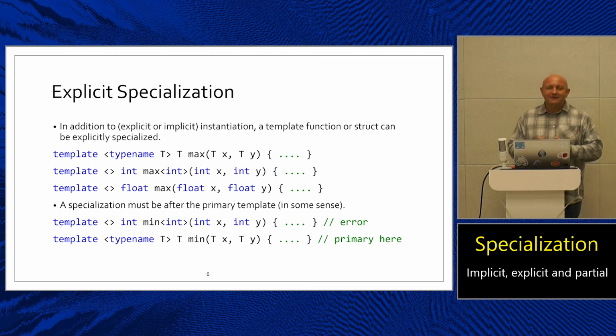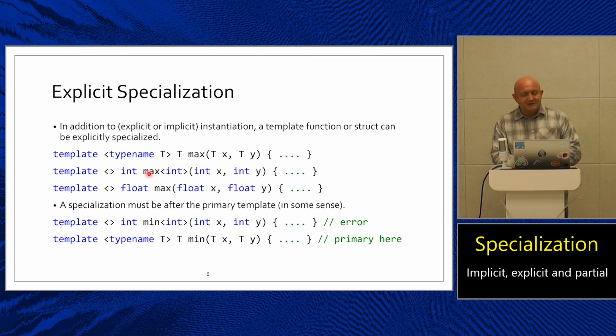We can make a specialization of the max function for int like, I don't know, format your hard drive, so on, everything you want. And this is the primary template for max, and these are its explicit specializations for int and float.